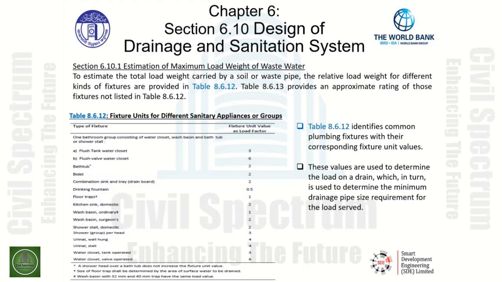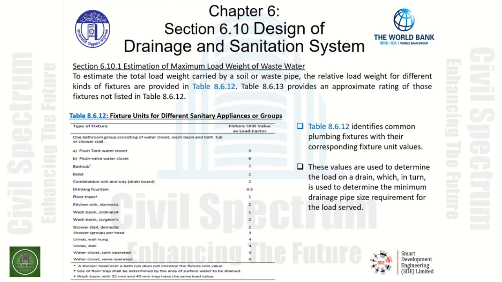To estimate the total load weight carried by a soil or waste pipe, the relative load weight for different kinds of fixtures are provided in Table 8.6.12. Additionally, Table 8.6.13 provides an approximate rating of those fixtures not listed in Table 8.6.12. Let's take a look at this particular table.